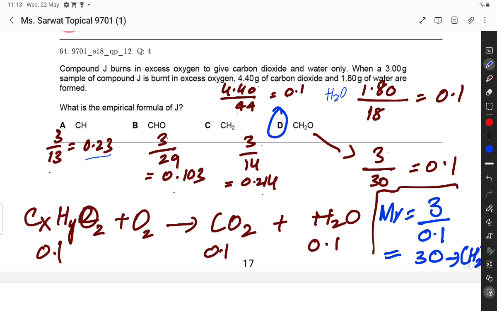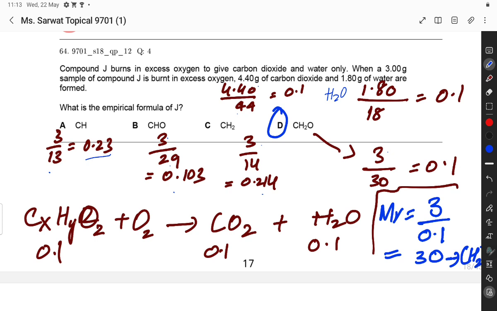So we have CXHYO2. J burns in excess of oxygen to give carbon dioxide and water only. When 3 gram of sample J is burned, carbon dioxide and water are formed. What is the formula of J? This is how to calculate it, like this: CXHYO2.